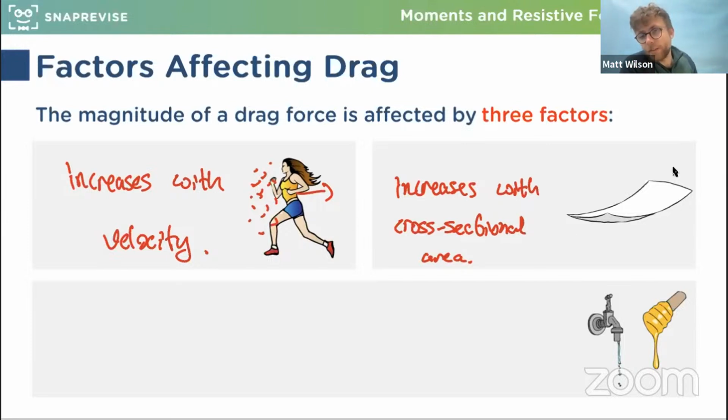So the cross-sectional area, for instance, of this piece of paper, which is presumably falling down due to gravity, the cross-sectional area is not the area of this side of it here or anything. It is what you would think of as being the area of the piece of paper here. That's the bit that's perpendicular to the velocity. Okay, bigger piece of paper, more drag. So if you can make something that doesn't have much of a cross-sectional area, for instance, you make something kind of pointed, then you have less drag.